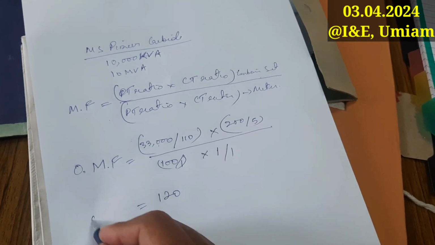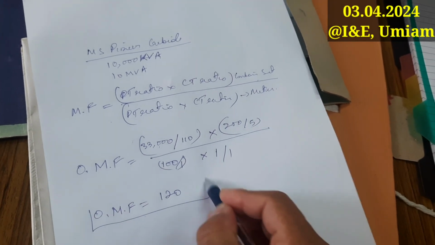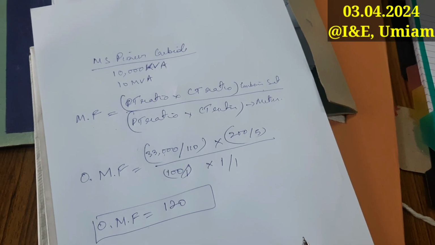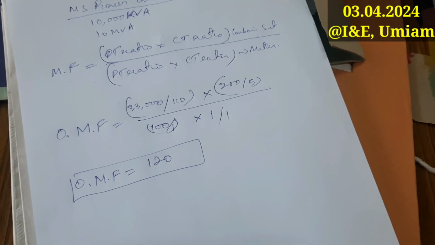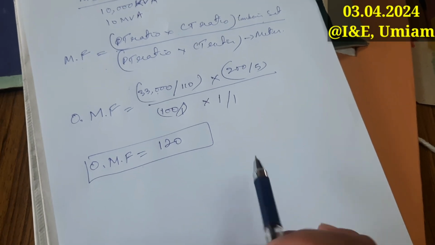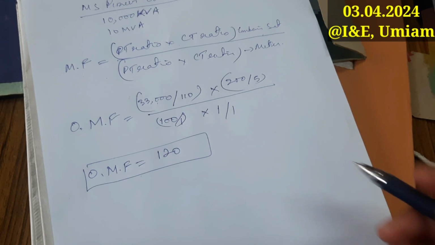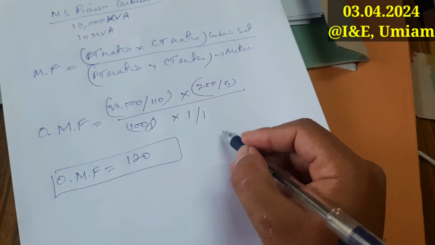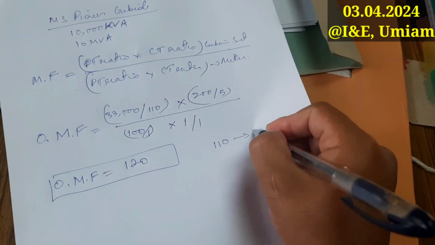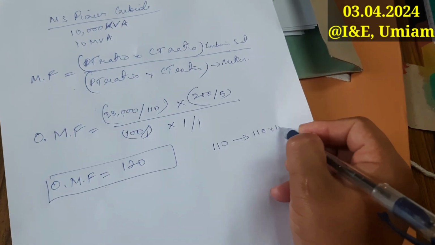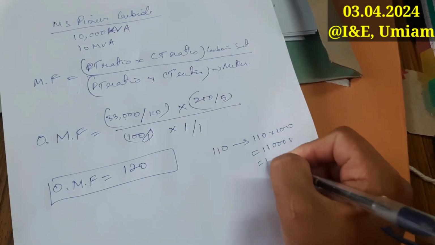So this is the overall multiplication factor of this particular consumer. Whatever the meter reads, for example, the PT ratio is 100. That means if you are measuring a voltage of 110, the meter will give you 110 into 100, which is 11,000 volt or 11 kV.